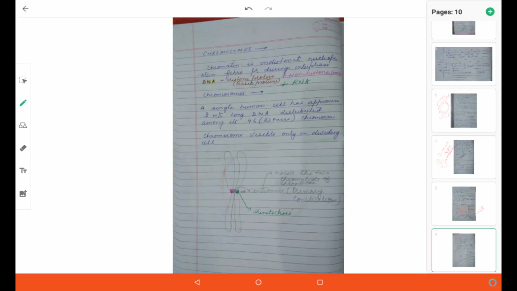A single human cell has approximately 2-meter long DNA distributed among its 46 or 23 pairs of chromosomes. However, chromosomes are visible only in dividing cells.